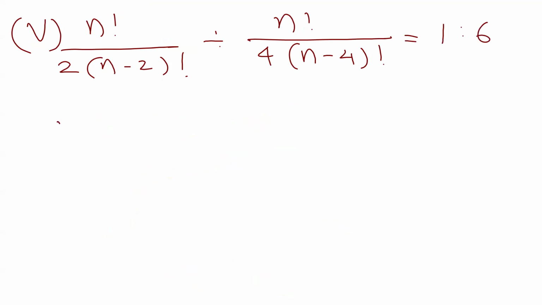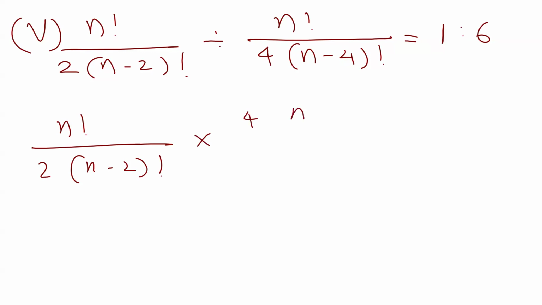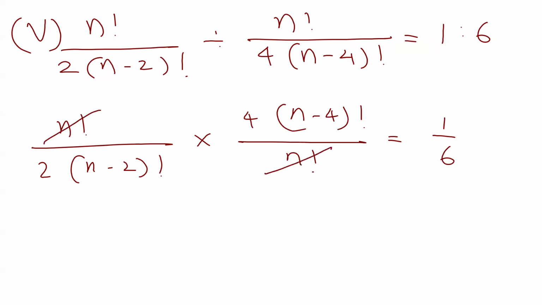Okay, n factorial upon 2 into n minus 2 factorial into 4 into n minus 4 factorial upon n factorial is equal to 1 upon 6. This and this is gone. Out of n minus 2 and n minus 4, n minus 2 is the bigger term. Okay, and this 4 upon 2 is equal to 2.